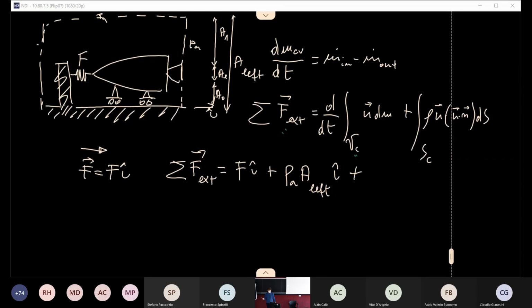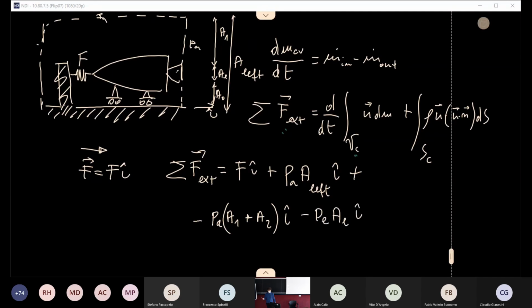So the force exerted by the pressure is in this direction, and it will be so minus PA, A1 plus A2, I, and then I left this AE because here we don't know which pressure we have. In general, we can have a different pressure because it's open. And so we also have PA, AE, and I.